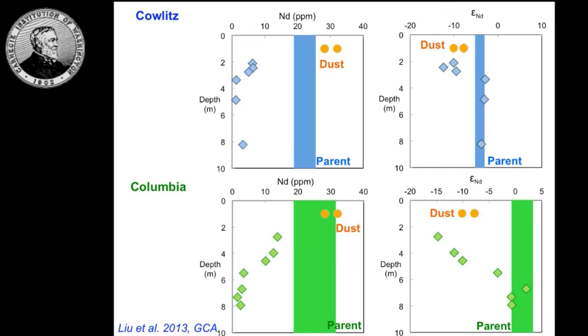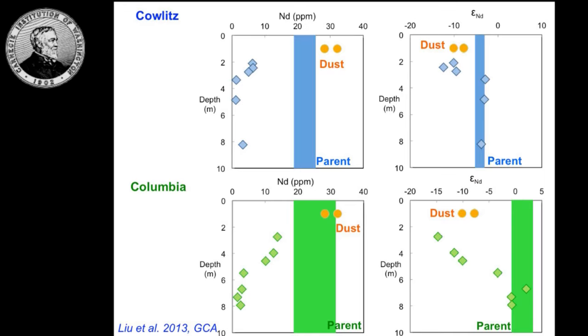So we want to do a more definitive study focusing on neodymium isotope, because neodymium isotope is a good tracer to study the source. So we can analyze all the parent material and also the bauxites in those diamonds, and also we analyzed the dust sample we collected from both west and east sides of the Columbia River.